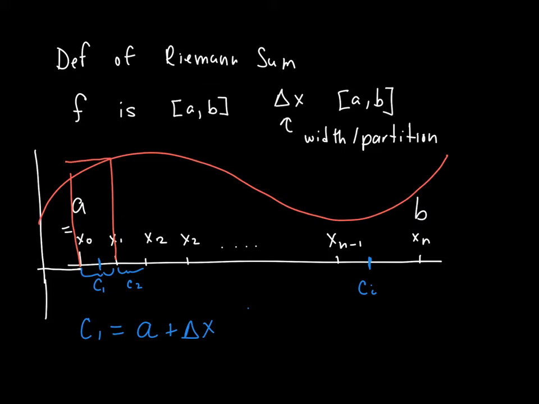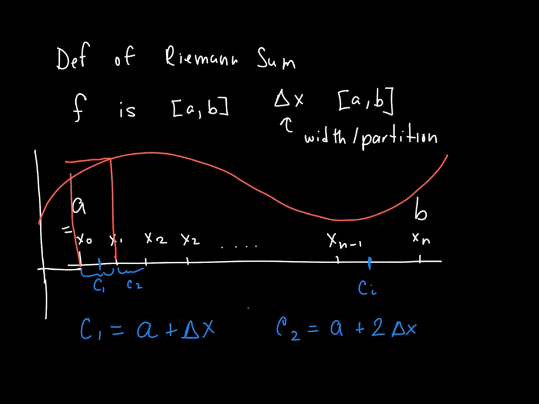If it was C of 2, still not starting at 0, right? So I'm starting at a, but I'm going over how many partitions? Delta x length has a width of delta x, and then I'm going over again, the second one, so that would give me 2 times delta x.